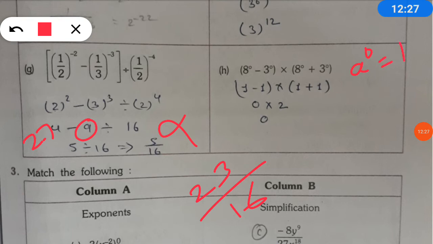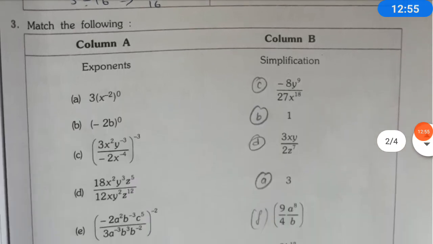So 8 to the power 0 will be 1, minus 3 to the power 0 will be 1, into 8 to the power 0 will be 1 plus 3 to the power 0 will be 1. So here minus 1 plus 1 will be 0, 0 into 1 plus 1 is 2, 2 into 0 will be 0, so the answer is 0 itself. Clear to everyone?